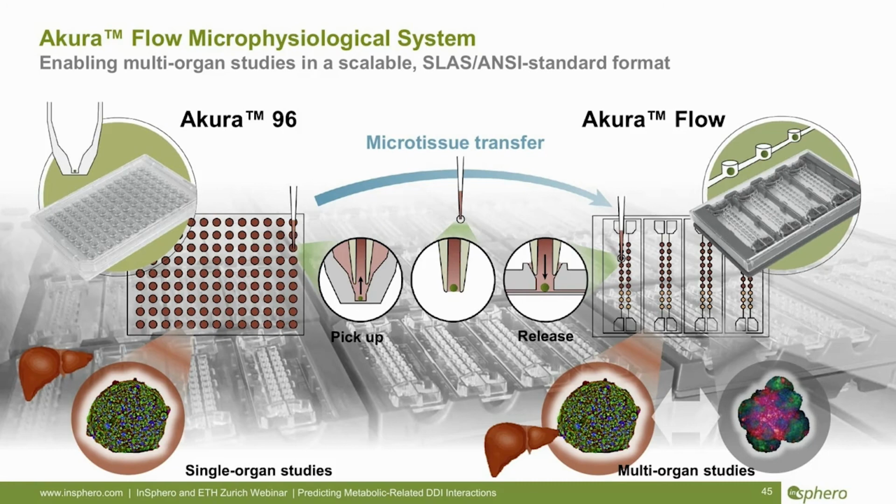It's a great example of how you can use microtissues that are produced, for example, in 96 well plates, as you can see here on the left side of the slide, and then simply transfer them into the Akura Flow system, where you can have different microtissues interacting with each other, and where you can look at paracrine signaling, as for example, the metabolites produced by the liver microtissues, which then have an effect on the tumor microtissues.